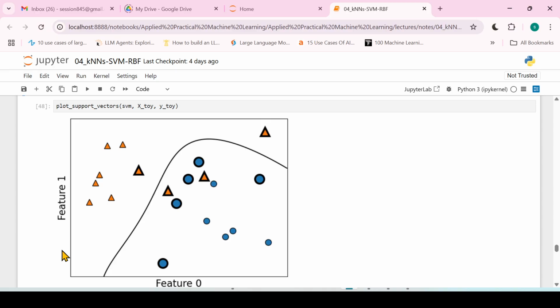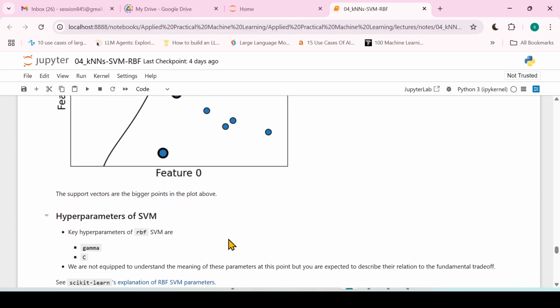Let's say we have a new example and we want to classify it. It will first check at which side of the decision boundary the example falls, and then that example will be labeled as that class, right? So if the new example falls in this region, it will be considered a class, let's say the red triangle, or if the example falls on this side, it will be labeled as blue circles, right?